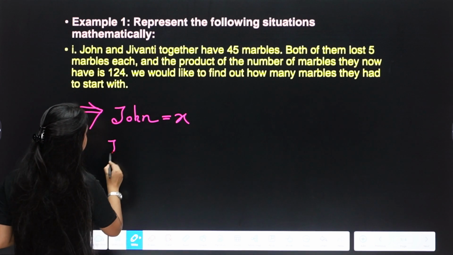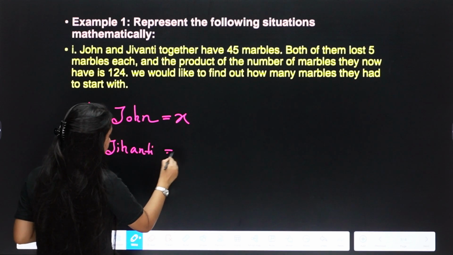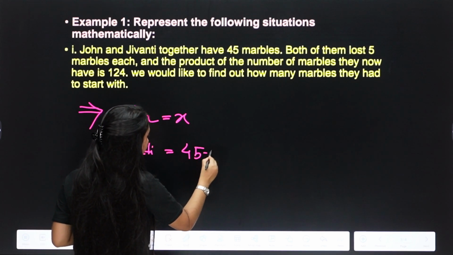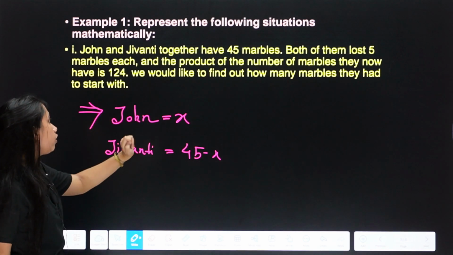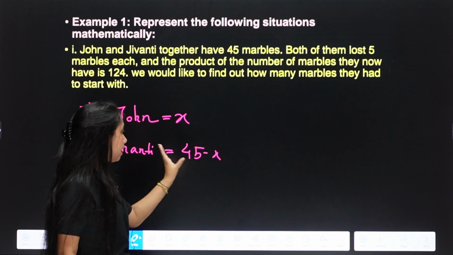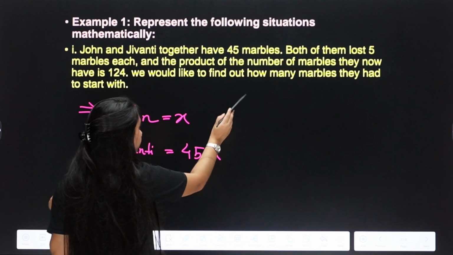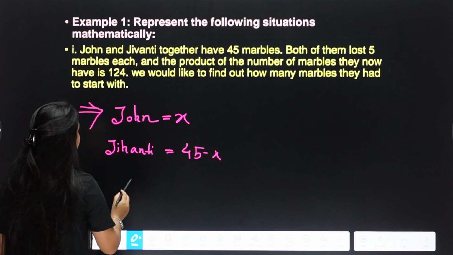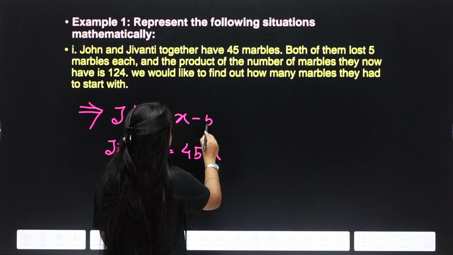That is equal to 45 minus x, because John and Jivanti together have 45 marbles. So if John has 8 marbles, then Jivanti will have 45 minus 8 marbles. Again, both of them lost 5 marbles each. That is, John will have x minus 5 marbles.